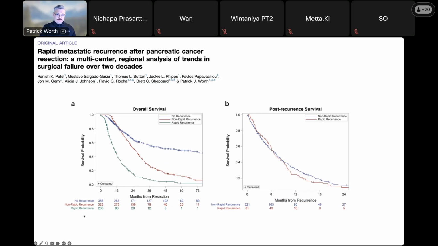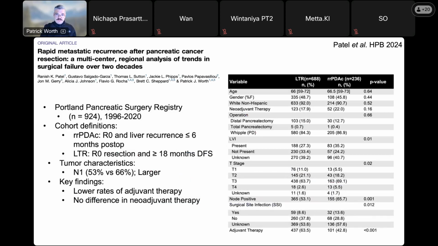And Ranish showed that recurrence is pretty critical in these patients, because after patients recur, their survival curves essentially align. One of the only clinically relevant features that we saw that made a difference across these groups was the receipt of adjuvant chemotherapy.